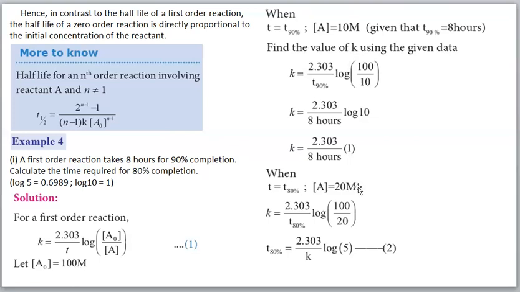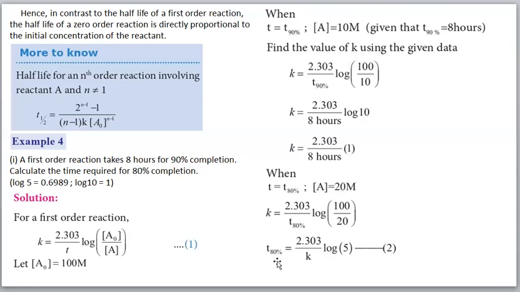So K is equal to 2.303 by T 80% log 100 by 20. 100 is A0, A is 20. We can cancel the 0 and 0, and we get 10 by 2, that is 5. The log 5 value is given here, 0.6989.